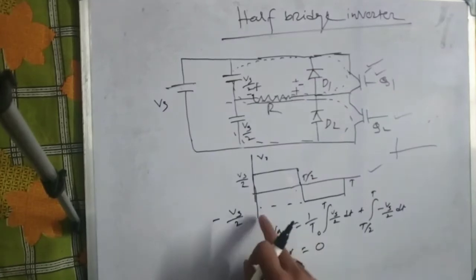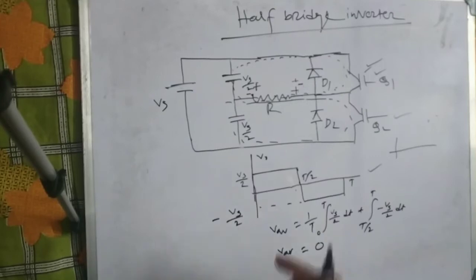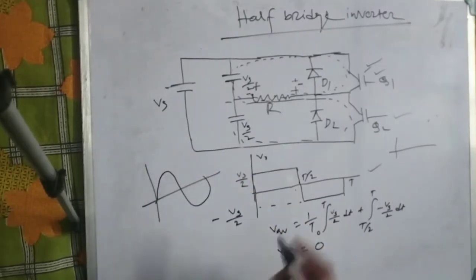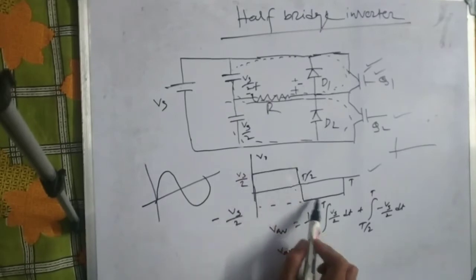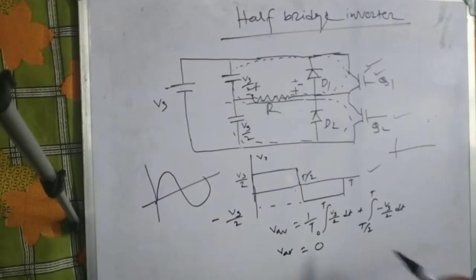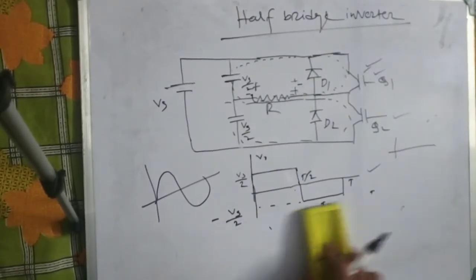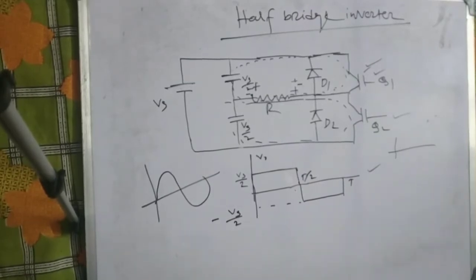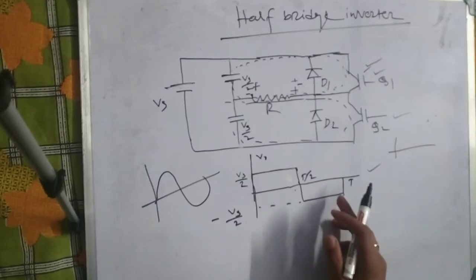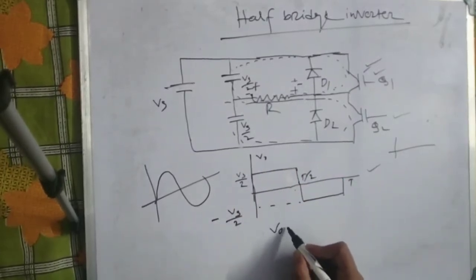So this is AC, but it is not pure AC, because we always consider a sinusoidal function as pure AC, and here we are getting a square wave. But if we Fourier analyze it, we will get a fundamental term and higher harmonic components.